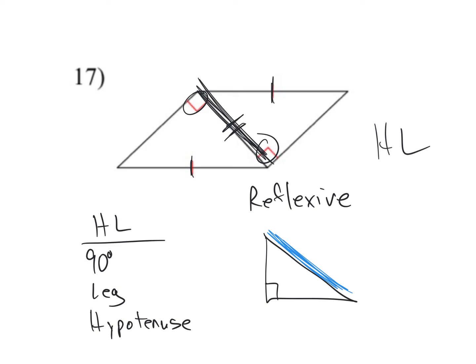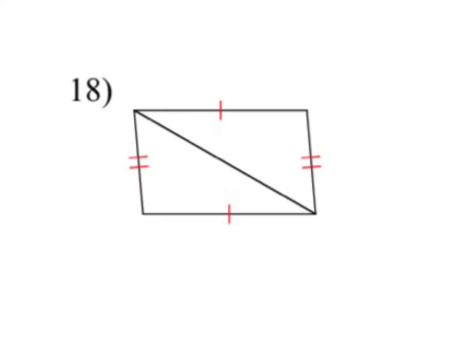Hypotenuse is not attached to 90 degrees either. It'll always be the longest side in a 90-degree right triangle. So you have that, and then you have to have one of the two legs. Okay, if you have all three sides, then you say side, side, side. Okay? Number 18. Same thing.